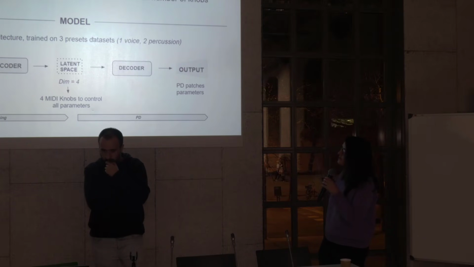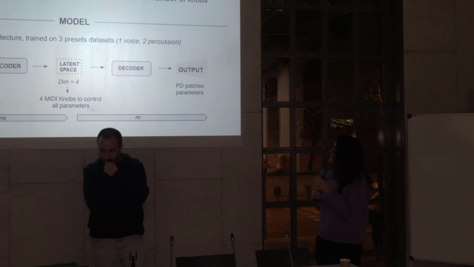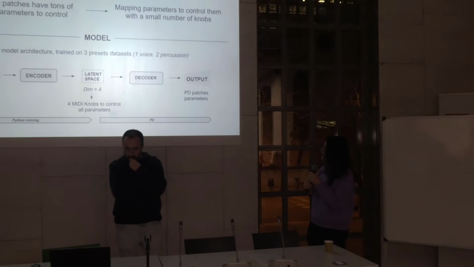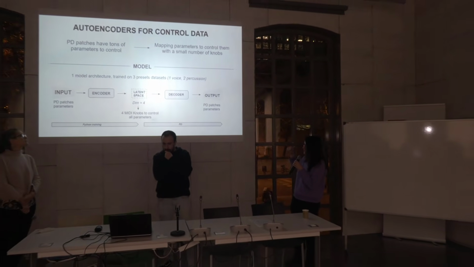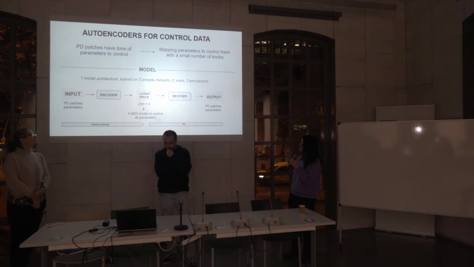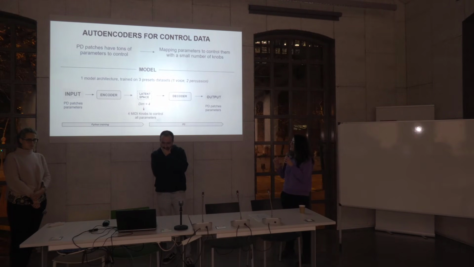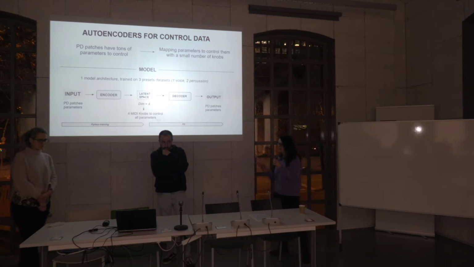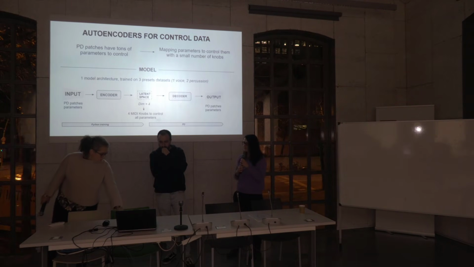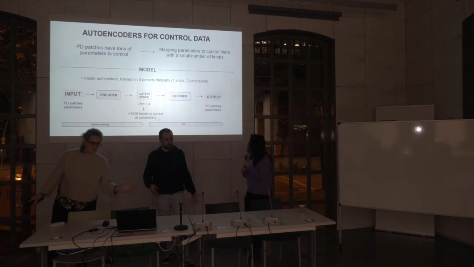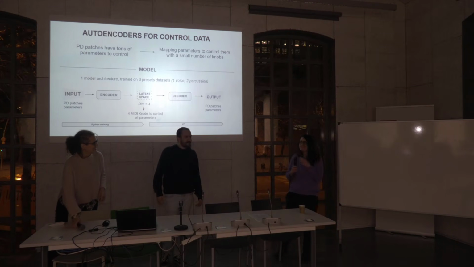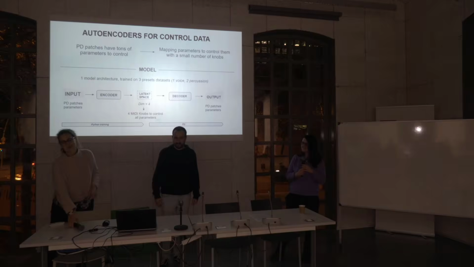Basically, we implement a model with a latent space of dimension 4, with Python training, and we put the decoder on Pure Data, and now we can control all these parameters with only 4 mini knobs on Pure Data, and we just try to do some experiment, and that. Thank you.